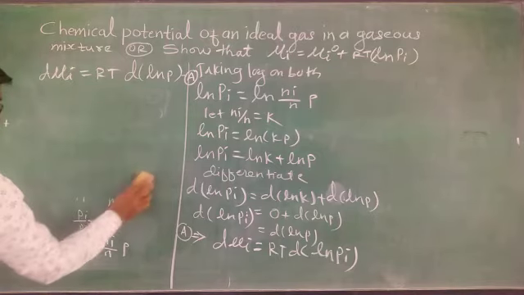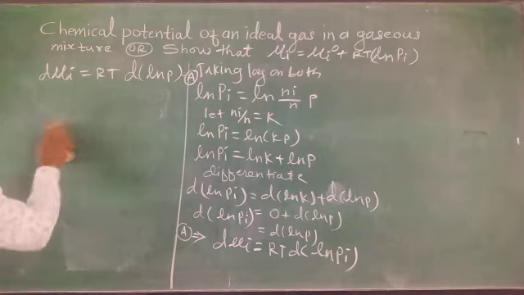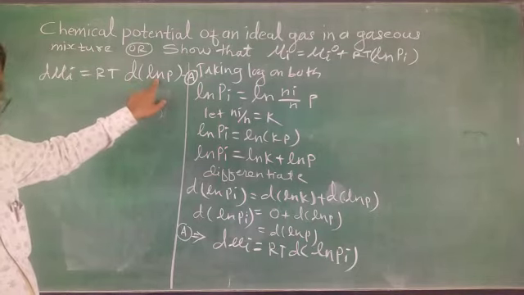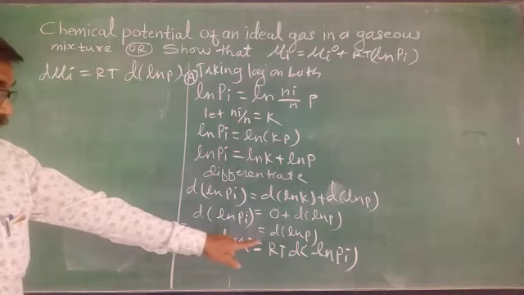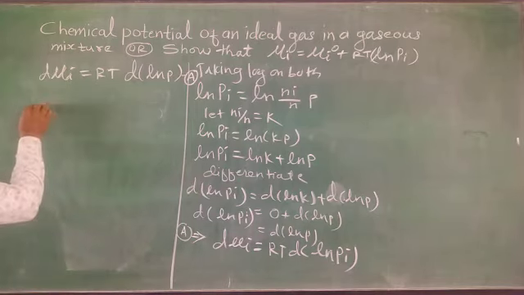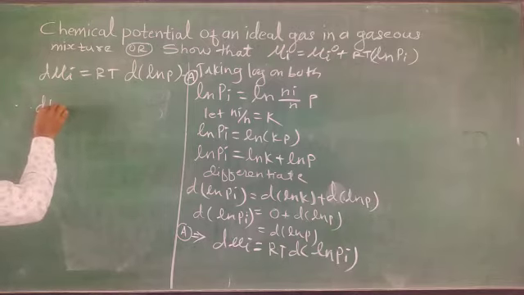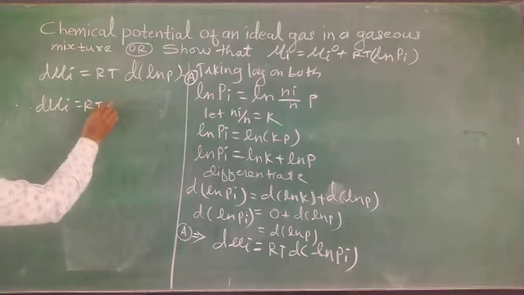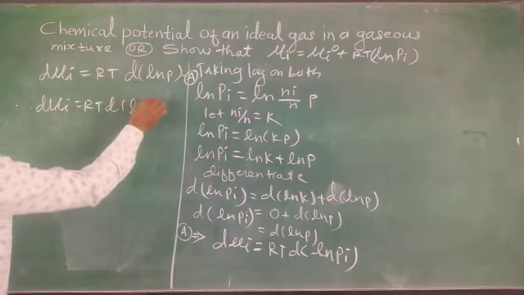This is equation A, and in this equation A you put the derivative of ln P as the derivative of ln Pi. Now this is our equation B: dμi is equal to RT d ln Pi.